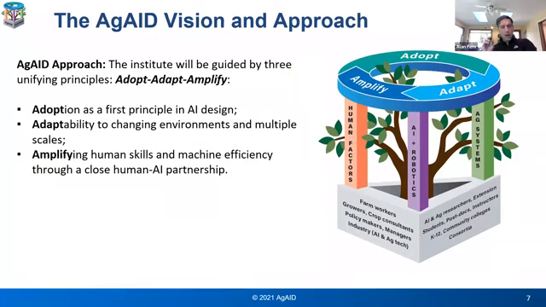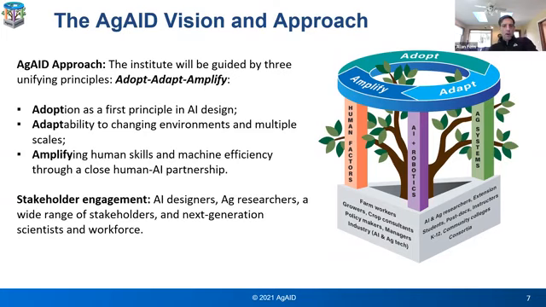So it's always about how do you increase their productivity? How do you take away the monotonous things that maybe are not high value jobs, but need to be done? So those are our principles, and we have a lot of stakeholder engagement.